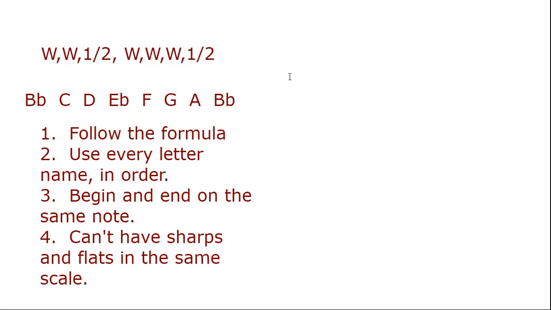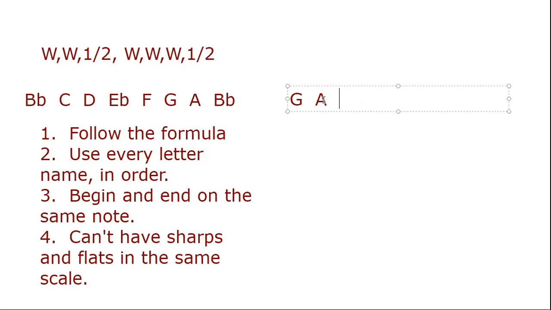We're going to start on G, and let's do a sharp scale. So G. Let's write down all the letter names in order so that we can get our number 2 rule done.